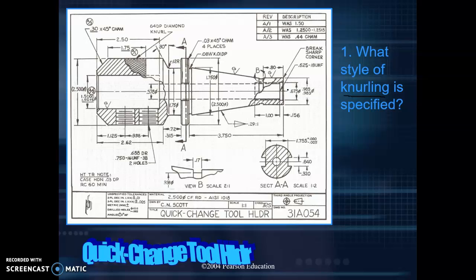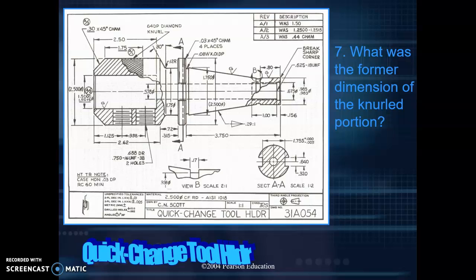So this question, what style of knurling is specified? Here we see the knurling, here is the note, and we can see that a diamond knurl pattern is what's specified. What was the former dimension of the knurled portion? So this area here is what gets knurled. It's underlined. Okay, so that's an indication that this is not to scale.